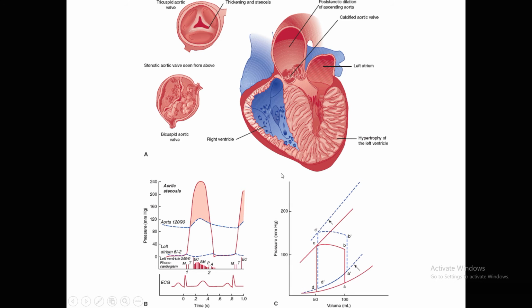Let's now comment on the functional changes. A narrowing of the aortic valve; thus, an increased afterload for the left ventricle is present. As you can see, an adaptive response is present: hypertrophy of the left ventricle walls, a huge hypertrophy, and this hypertrophy is concentric. It's advancing to the center of the cavity.